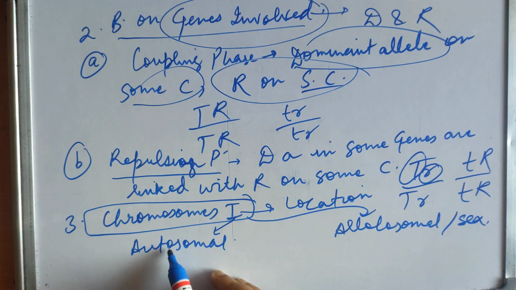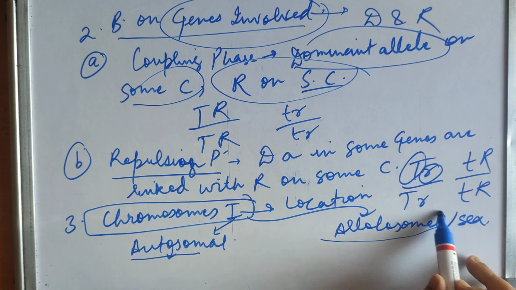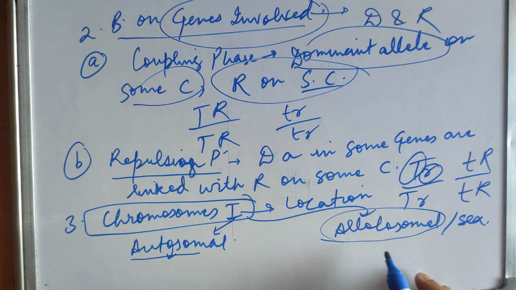Autosomal linkage is located on autosomes, that is, other than sex chromosomes. Allosomal linkage is located on allosomes, that is, on sex chromosomes, either X or Y.